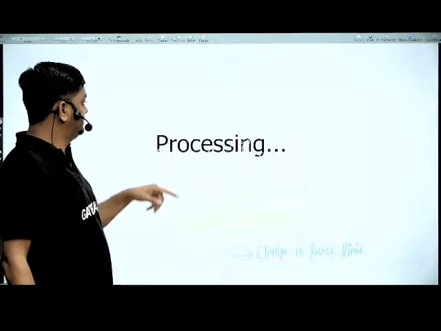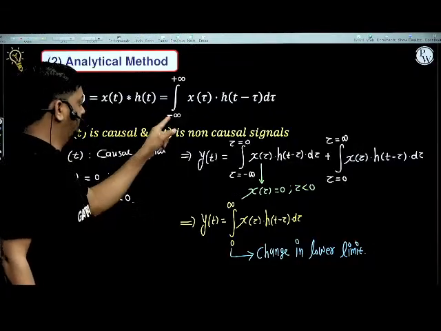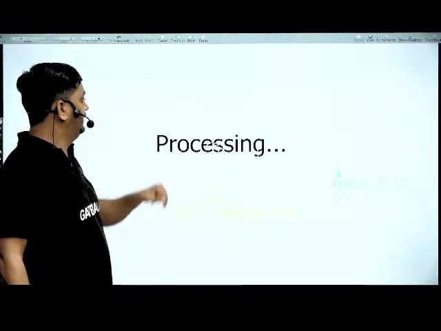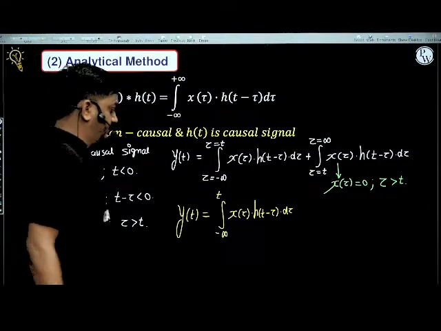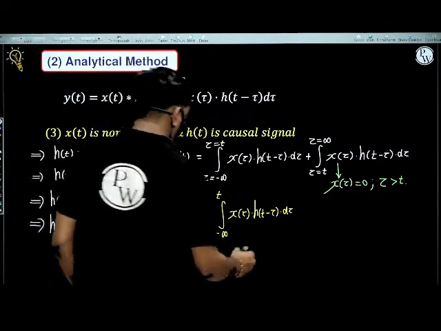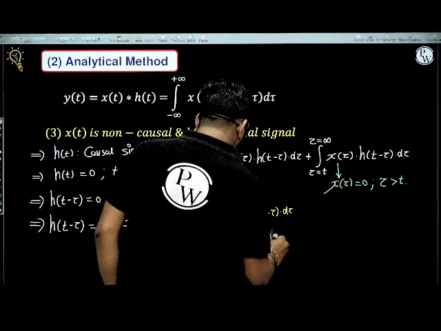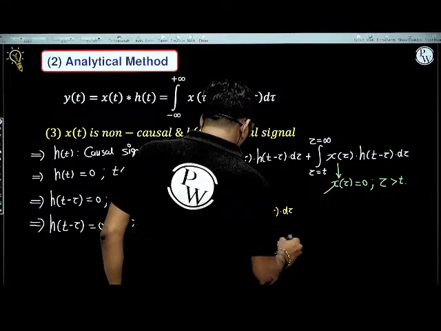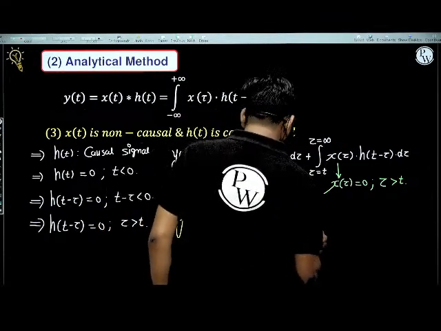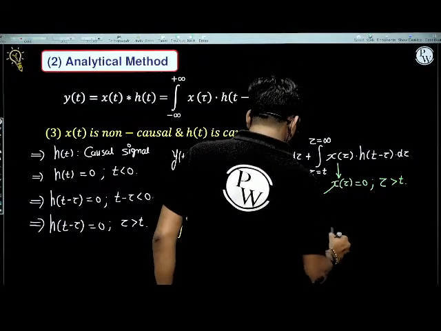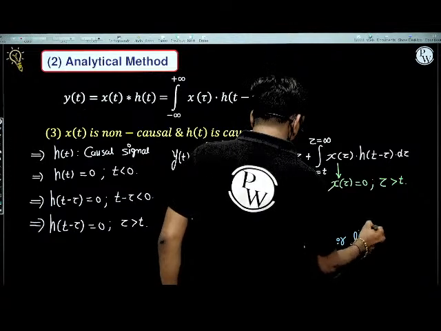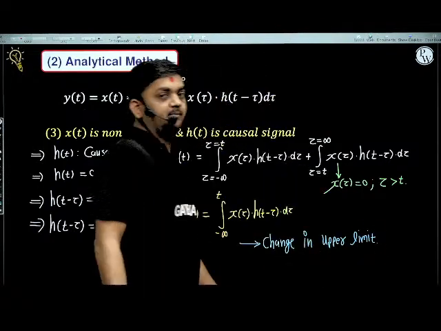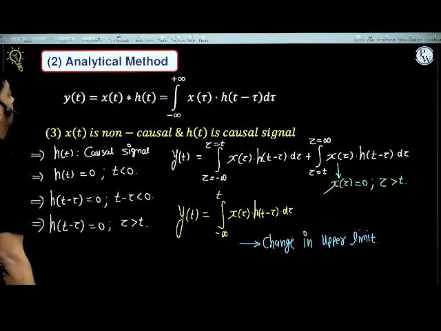In the previous case it was a change in lower limit, minus infinite to 0, and here it is plus infinite and here it is t. So there is a change in the upper limit.